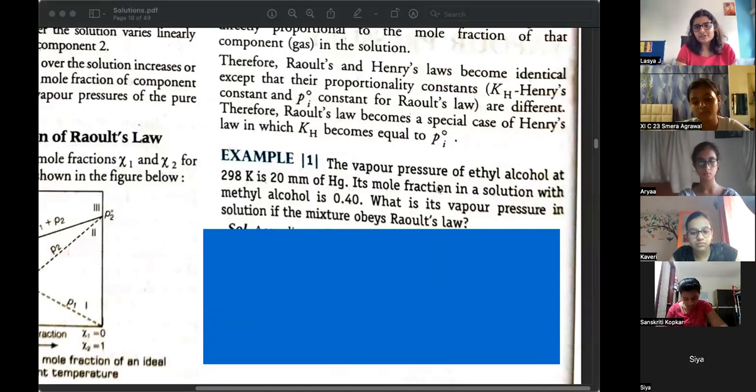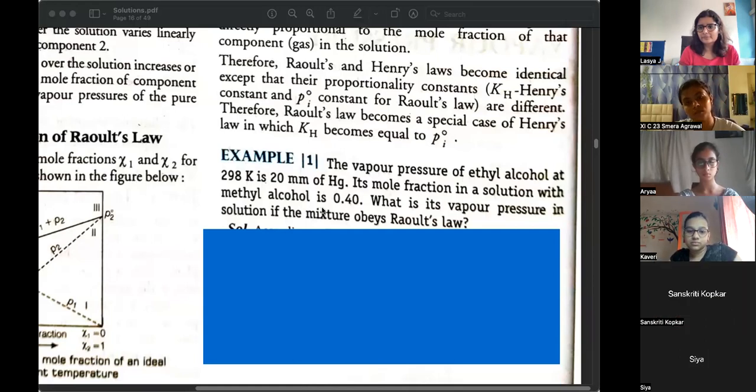Its mole fraction... So what does the first statement give you? Vapor pressure of ethyl alcohol at 298 K is 20 mm Hg. Is this P1, P01, what is it? What is 20 mm Hg?